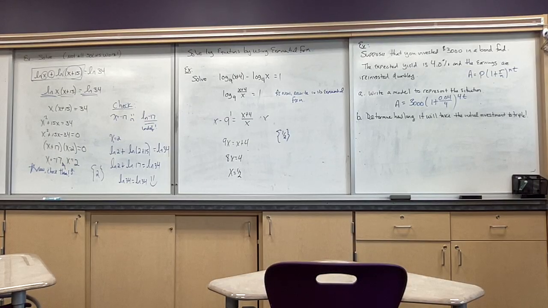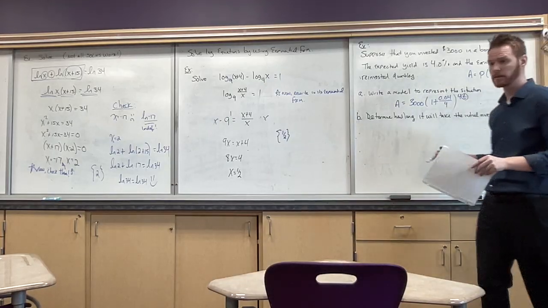Now part B says, how long does it take to triple it? Well, now I'm going to solve for t. Originally that would be an impossible task, but now that we have a lot of this background, we have a lot of these different techniques to help us, we can solve for t now. If it's going to triple, and I start with 3,000, what am I going to end up with? 9,000, right?